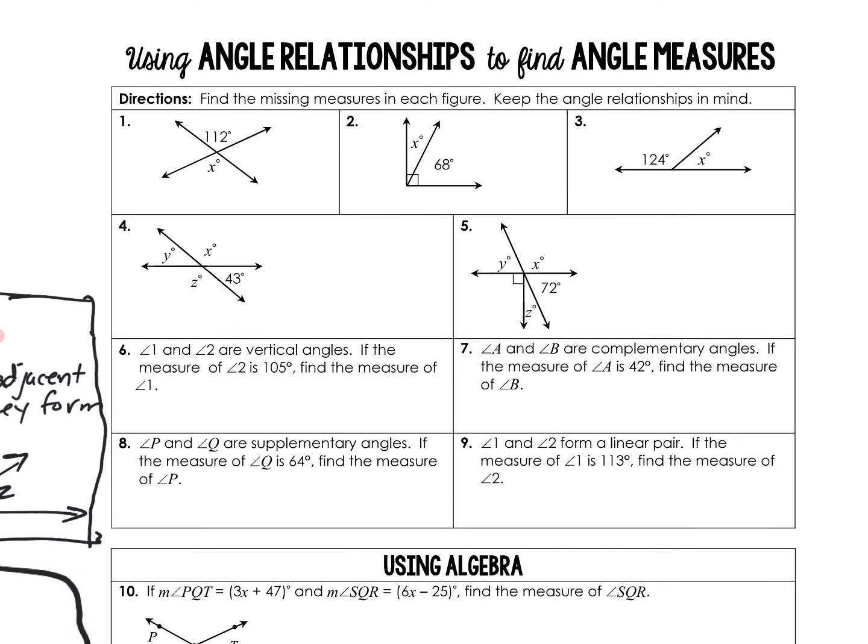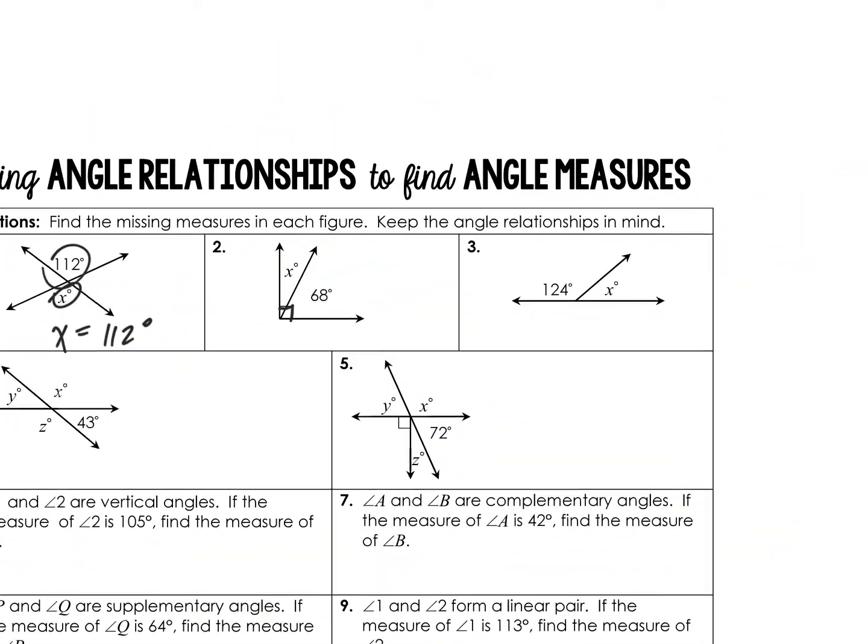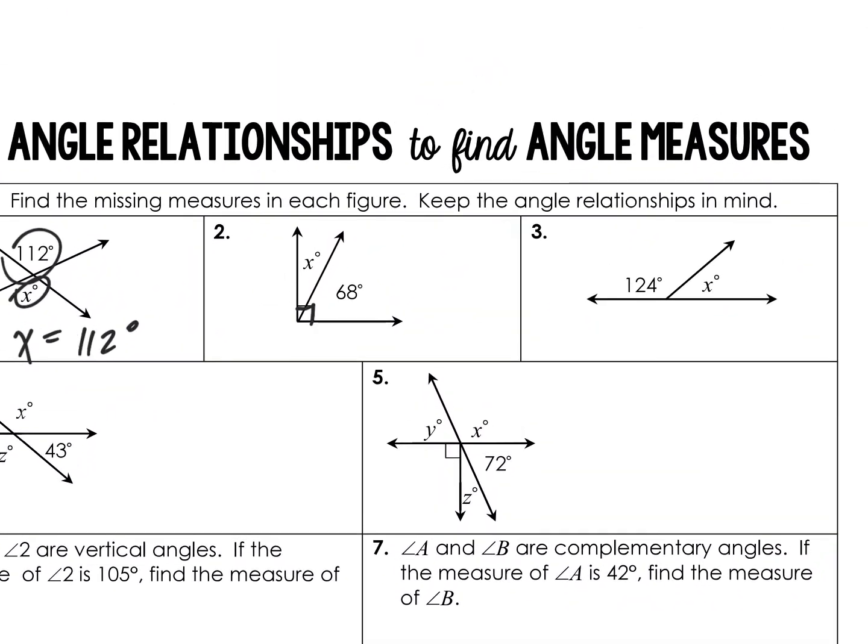Number 1, find the missing measures in each figure. These 2 angles are vertical angles, and I know vertical angles are congruent. So x equals 112 degrees. Number 2, I see the box at the bottom of this angle, and so I know that these are complementary angles. They add up to equal 90.